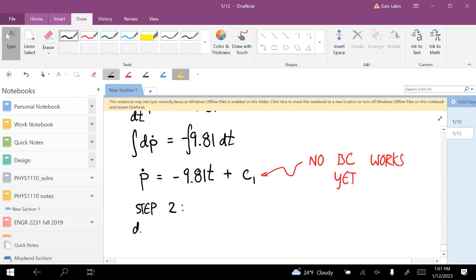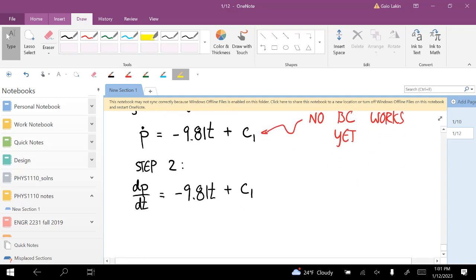So step 2, we have dp dt is equal to negative 9.81 t plus C1. And so dp is equal to negative 9.81 t plus C1 dt. And we can integrate both sides.